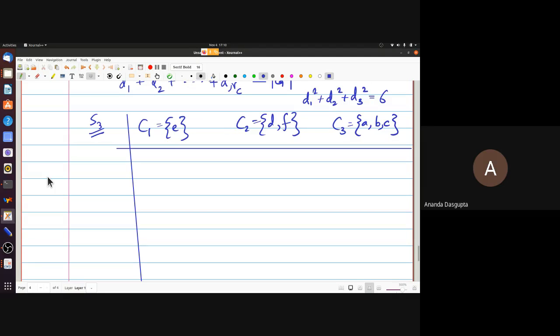So 1 square plus 1 square plus 2 square is 6. So what I already know just from this count is that you have 3 irreps and the dimensionalities have to be 1, 1, and 2.